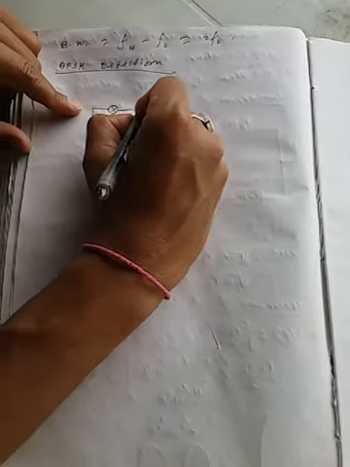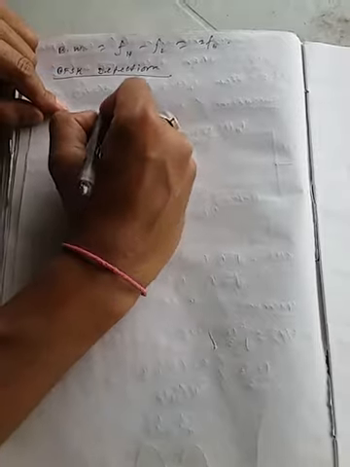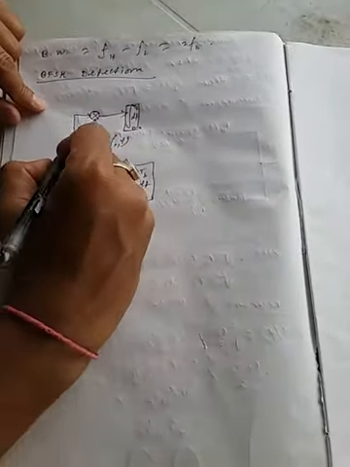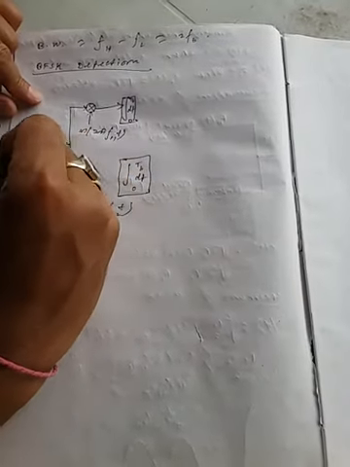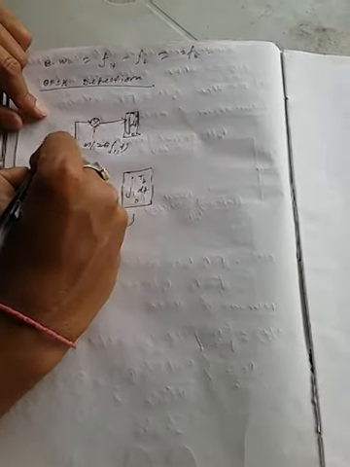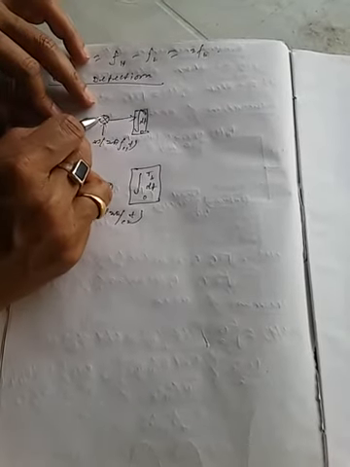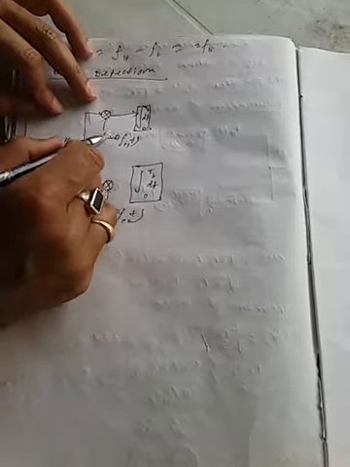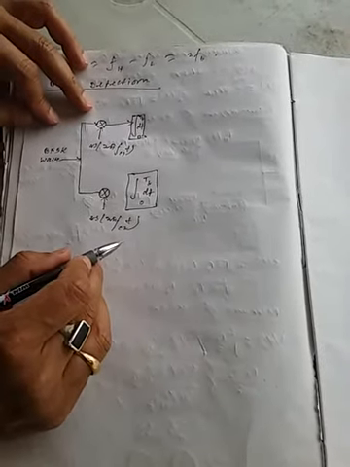The output of this mixer goes to an integrator circuit. And here is the BFSK wave, which goes to this mixer, and these are the carrier frequencies. This is the high carrier frequency, and this is the low carrier frequency.